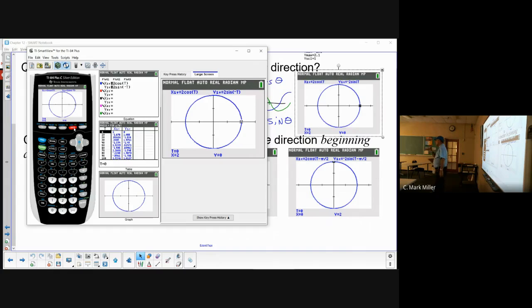Now I want to start at the top. Just think. If it's going to start at the top, at t equals 0, I need that value to equal pi over 2.